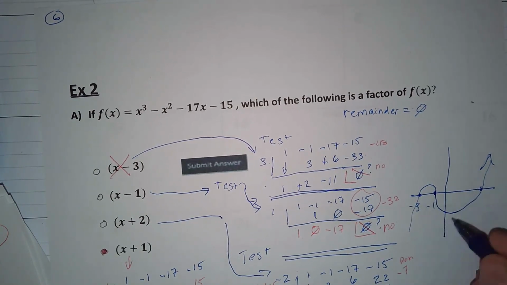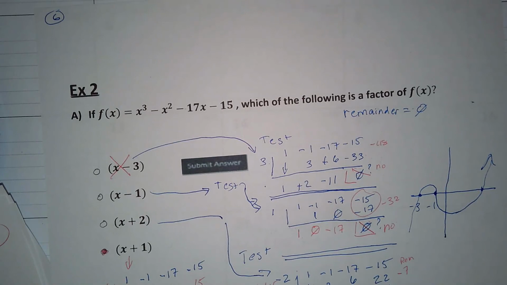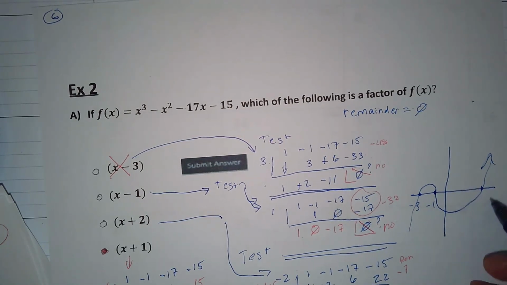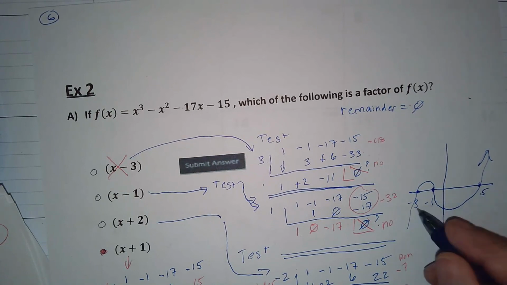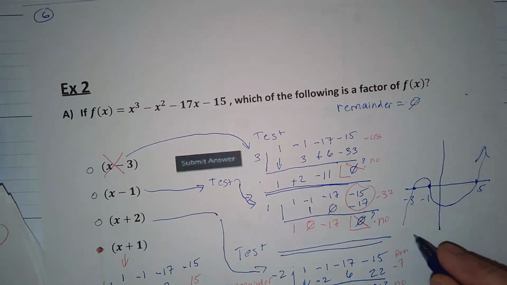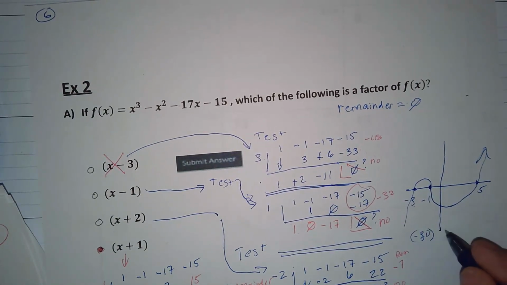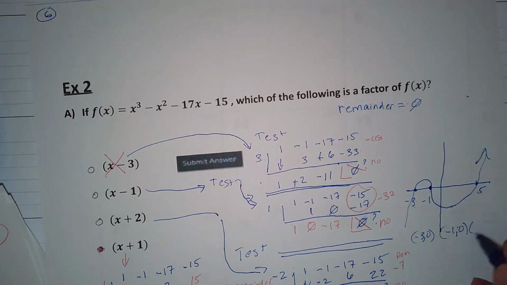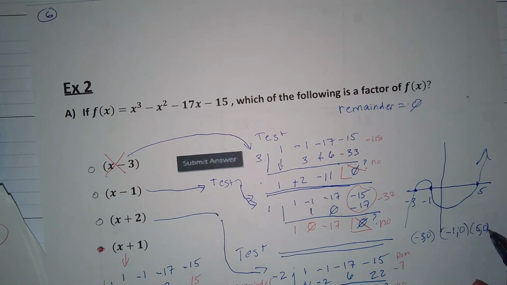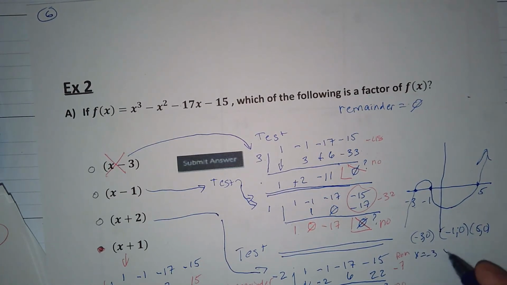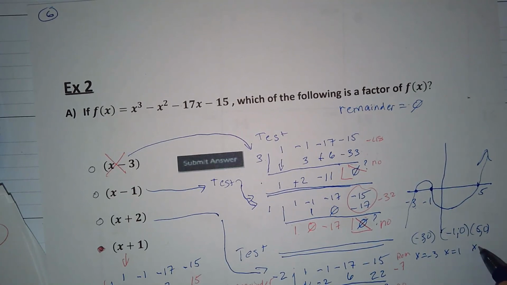Now you can test this easily using your graph. If these were the solutions, x is negative 3, x is negative 1, x is 5, then the coordinates are negative 3, 0, then negative 1, 0, and then 5, 0. Those are x and y coordinates.